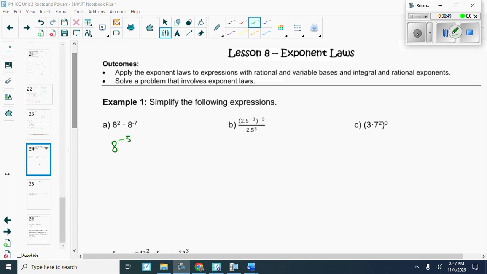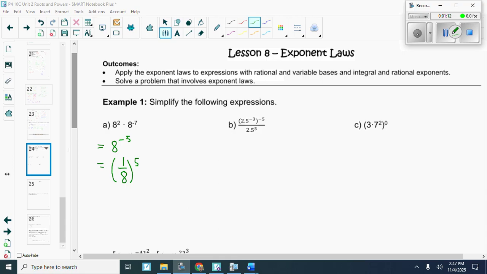We learned yesterday that our answer should always have a positive exponent. So if you ever have this, you just want to change it so that it's a positive exponent. How do we change this to make it a positive exponent? Yeah, we're going to do the reciprocal. A negative just means that we do the reciprocal of the base.